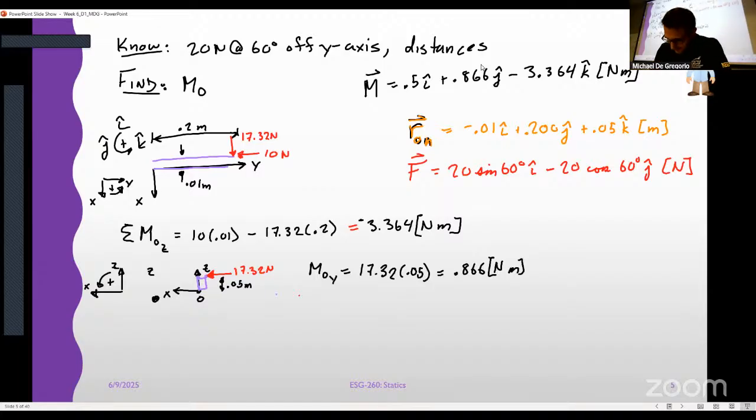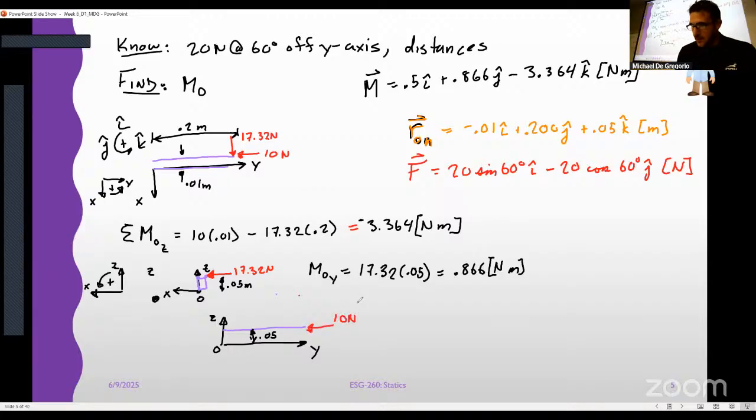Okay, and then the last one is the ZY plane. Point O, if we're looking at this in the ZY plane, looks like this. Guess what? The distance is still 0.05. And we're just dealing at that point with a 10 newton force.